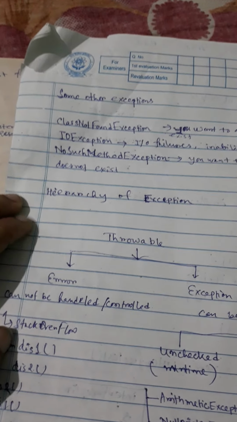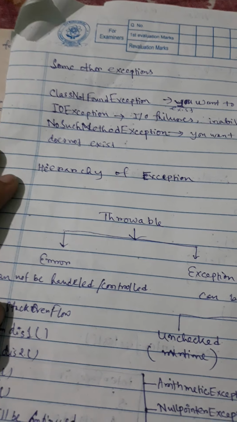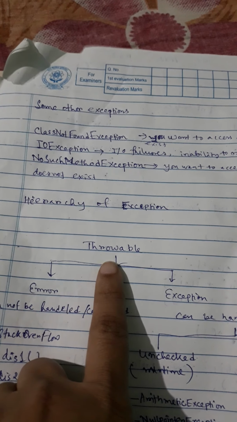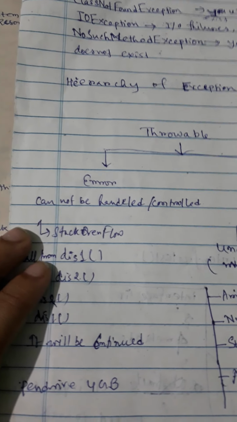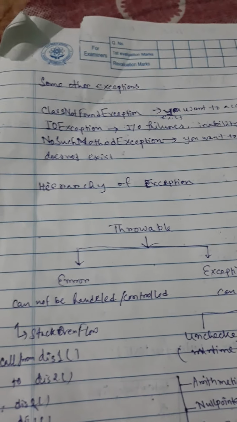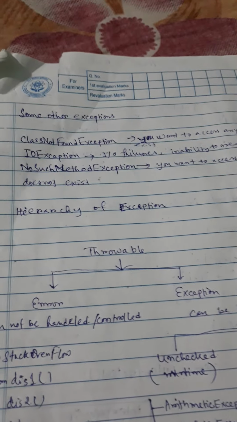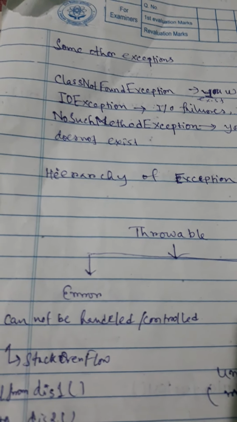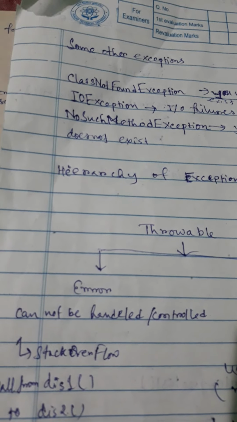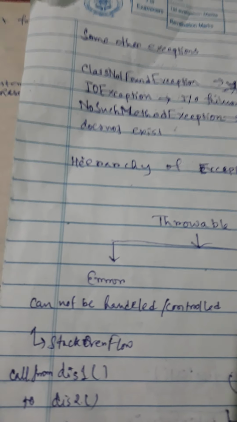So here next is the hierarchy of exception. You can see that Throwable is the superclass, where Error and Exception are the subclasses. Error cannot be handled or controlled. But an error can be fixed at compile time, within a Java program, within any program.